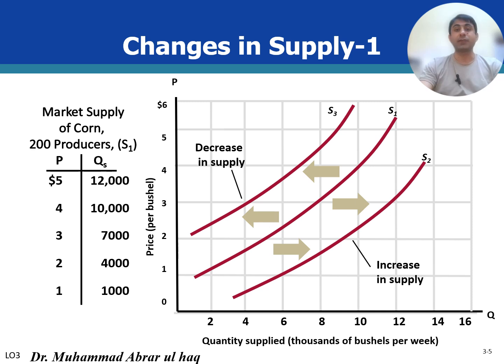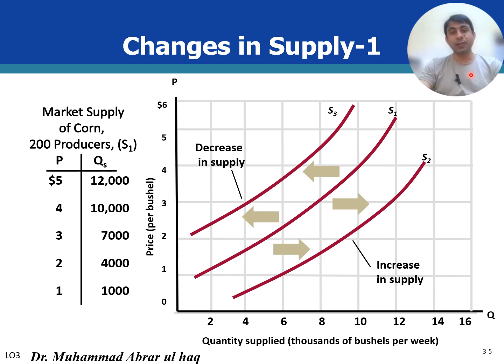It can be expectations about future market conditions, maybe future prices or other future market dynamics, as well as the number of sellers in the market, and government policies such as taxes and subsidies. All of these can affect supply. So when one of these determinants changes, it causes the entire supply curve to shift either to the right or to the left.